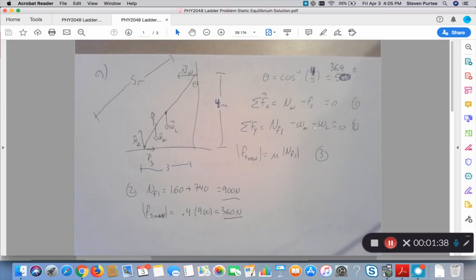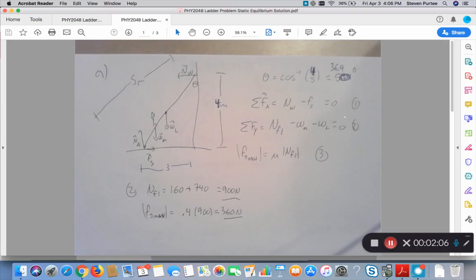Then the y forces must all add up to 0. So this normal force here is holding up the weight of the guy and the weight of the ladder. And keep in mind, our frictional force is always less than or equal to mu times this normal force. Question A asks for the maximum frictional force, so that's when those two will be equal.